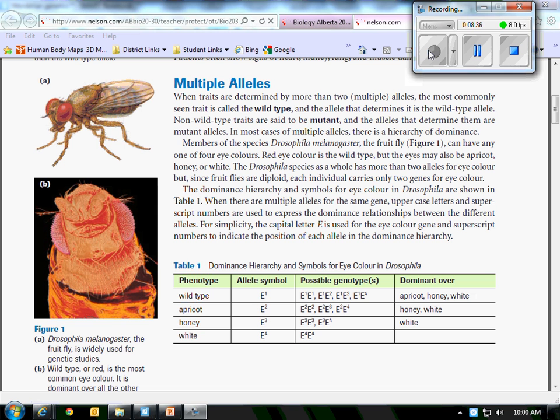Multiple alleles are dealt with on page 608. And if you notice here in fruit flies, in this table here, you would think, just looking at these, that they'd all be codominant, but they really aren't. They show a dominance hierarchy. In other words, E1 is dominant over all of the ones below it, E2, E3, E4.